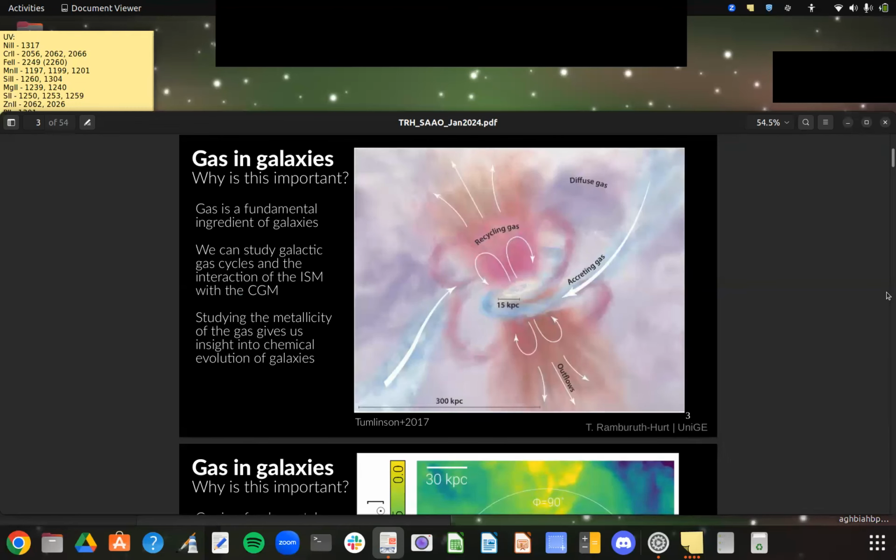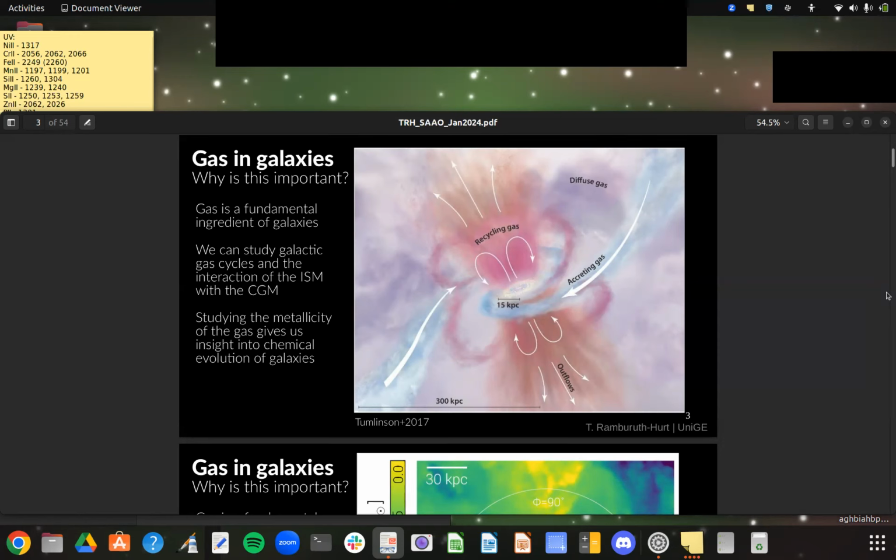Okay, so gas and galaxies. Why is this important? Gas is a fundamental ingredient of galaxies because it forms the fuel for star formation. And when we study the gas in galaxies, we can study galactic gas cycles and the interaction of the ISM with the CGM. Some of you might be familiar with this image from Tumlinson in 2017, which is an artistic interpretation of gas cycles in a galaxy.